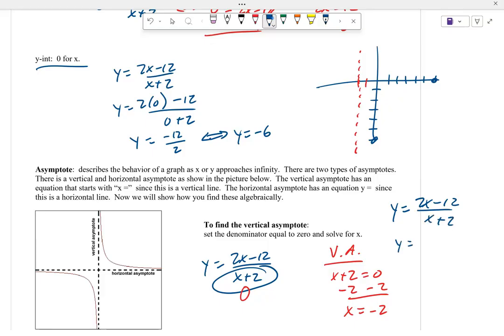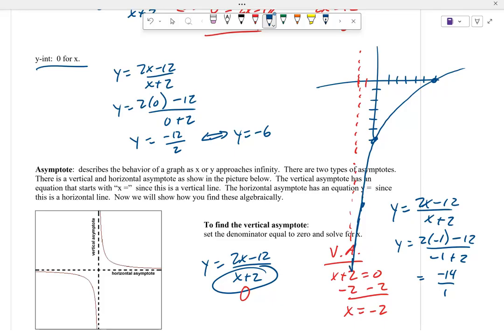Let's say we plugged in negative 1 just to see where that's at. We got negative 2 minus 12, negative 14 over 1, so it's way down here at negative 14. I could plug in other points even closer to an x value of negative 2, like negative 1.5, and it's even further down.